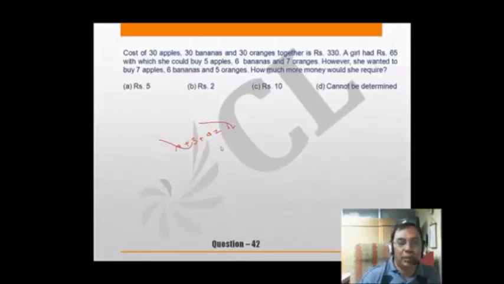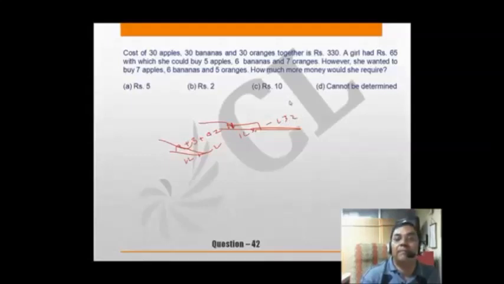Very simple, because one set is equal to 11 rupees, and if we add everything, 5, 6, 7, that means 12. It becomes 12 sets of each. 12 into 11 is equal to 132, so 65.